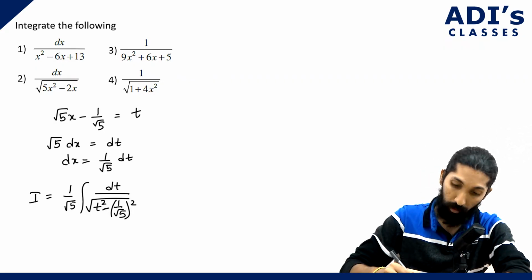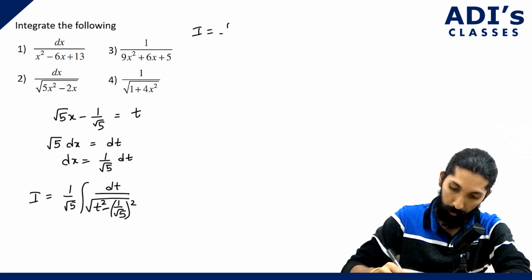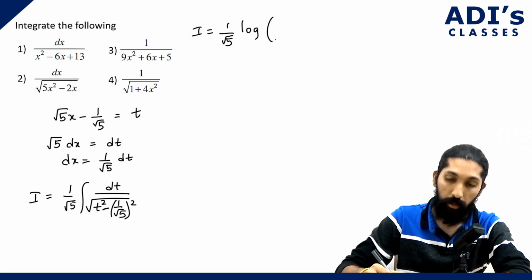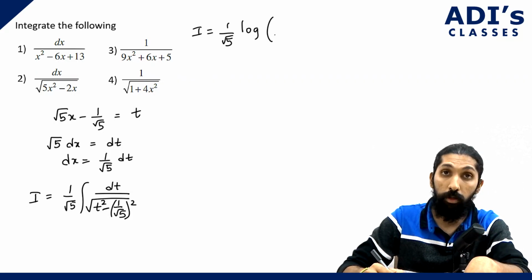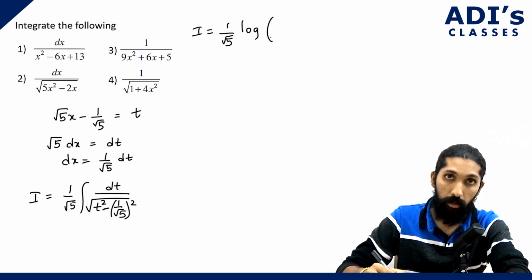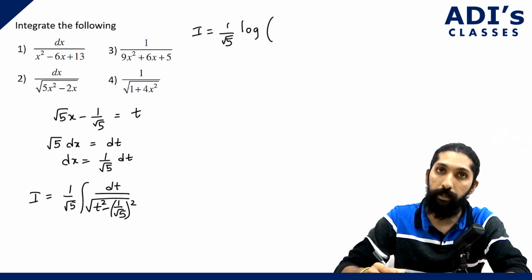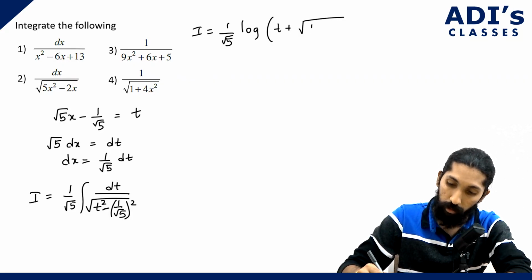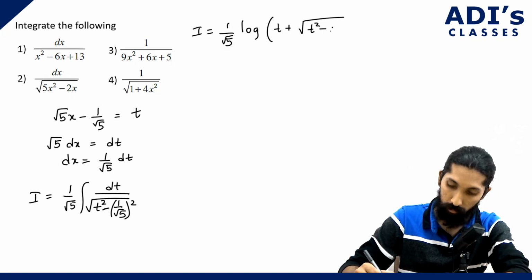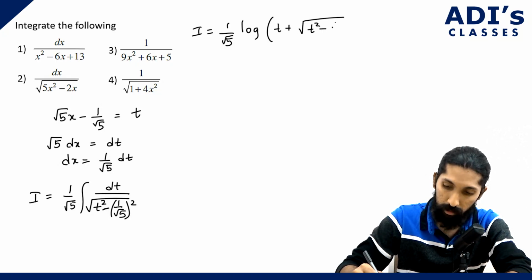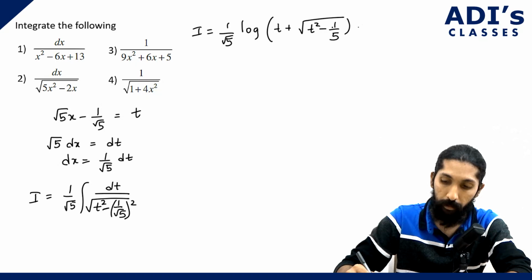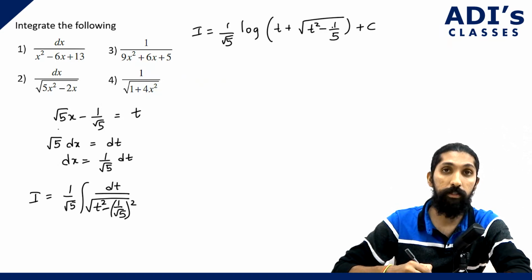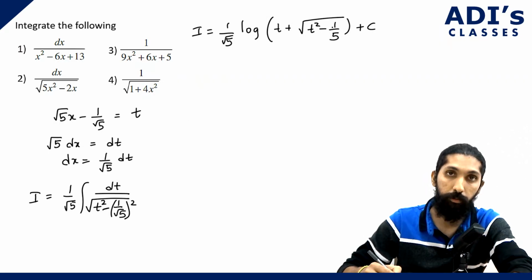What we get now, I is equal to 1 by root 5 into log of t plus root of t square minus (1 by root 5) whole square. I'll just write it as 1 by 5. Plus c. So what is t? Root 5x minus 1 by root 5. Substitute.